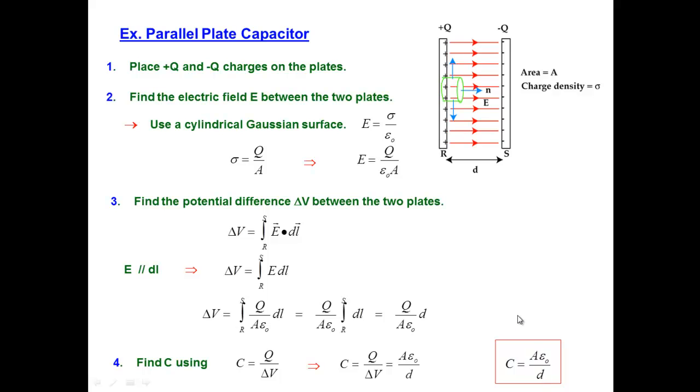Note, as we'll see on the next slide, that C does not depend on the charge, nor does it depend on the voltage. In fact, since it's the ratio of those two, the capacitance is just a constant for this particular device. All it depends on is the plate area and the separation distance, in addition to the fundamental constant, epsilon 0.